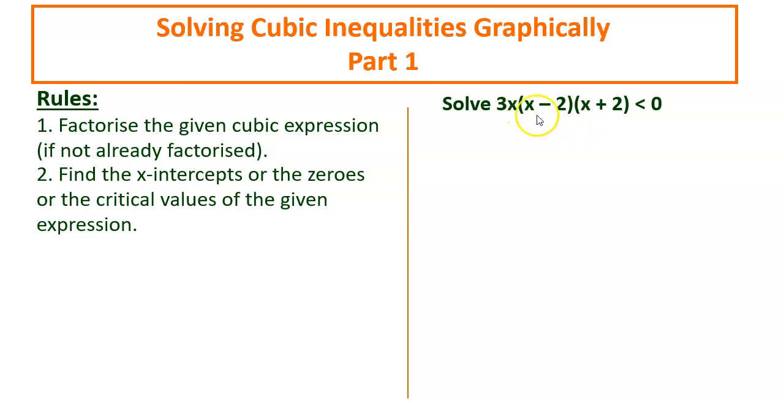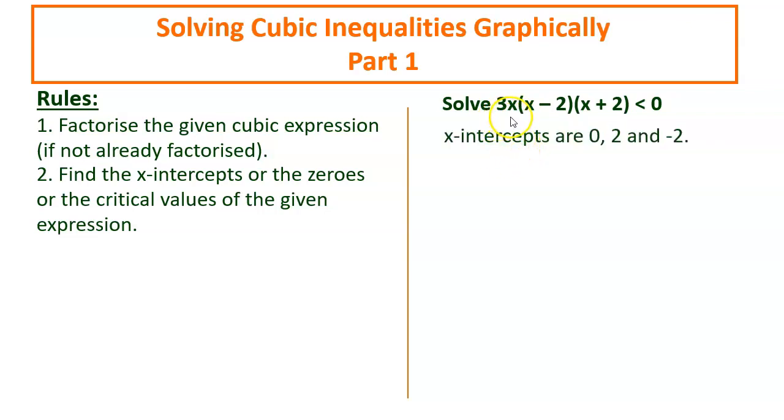We first get the factorized form of the given cubic expression, and then we equate each of the linear factors to 0 and get the corresponding x value which makes the linear factor equal to 0. First let us take 3x equal to 0. 3 is definitely not equal to 0, so x will be equal to 0.